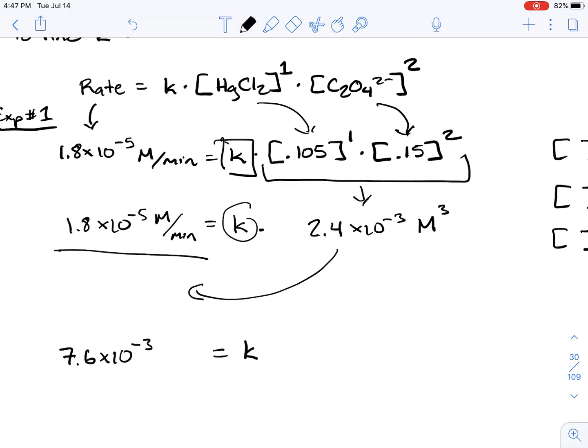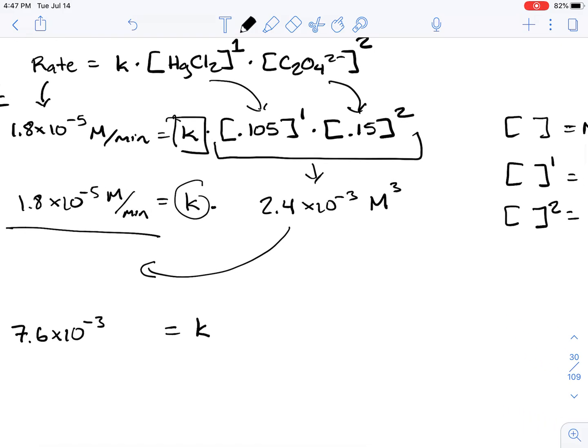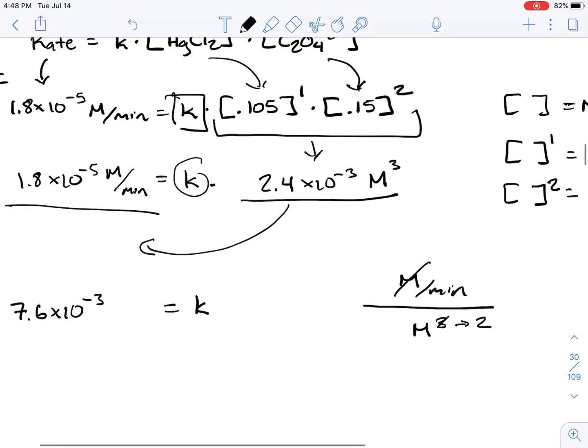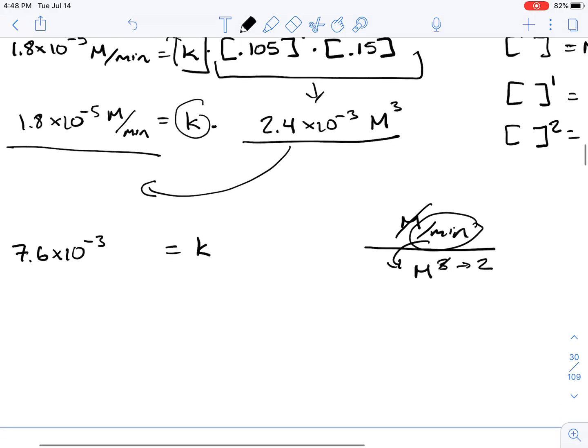Now, in terms of units, let's go ahead and figure that out. So the numerator has molarity per minute, and then the denominator, remember that we divided this whole thing, is going to be molarity to the third. And so this molarity is going to cancel out with one of these, leaving this to the second power. And since this minute is in the denominator, we're going to move this down. Okay.